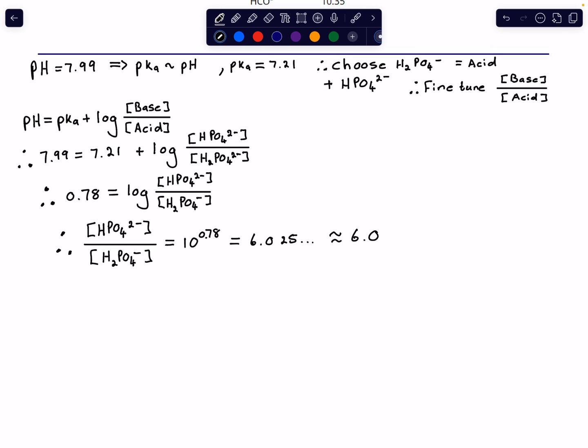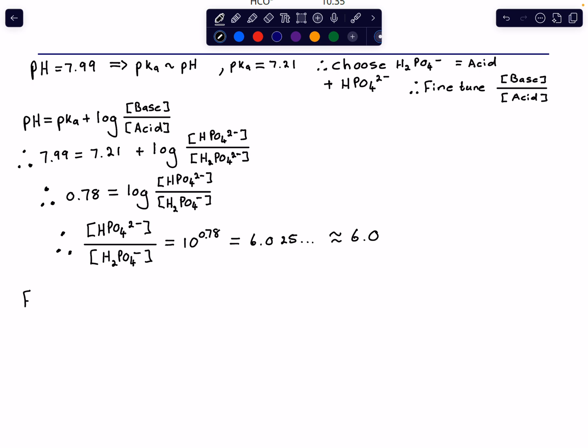So our base needs to be 6 times whatever our acid concentration is. Whenever our base is 6 times the acid, our pH will be 0.78 units higher than our pKa value. That makes sense, because if the base is in excess, 6 times the acid, the pH should rise by exactly 0.78 units.